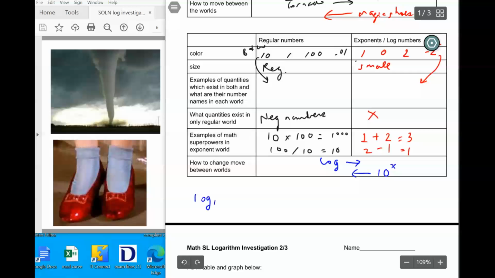If I have log base 10 and we have the red number here and we have the black number here, sometimes it's kind of hard to remember the relationship between this and this.